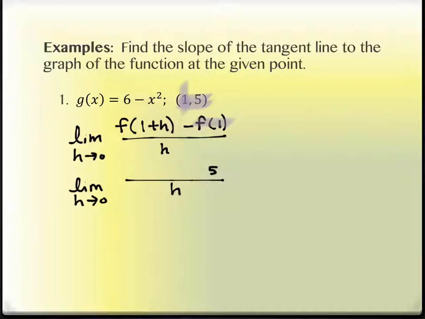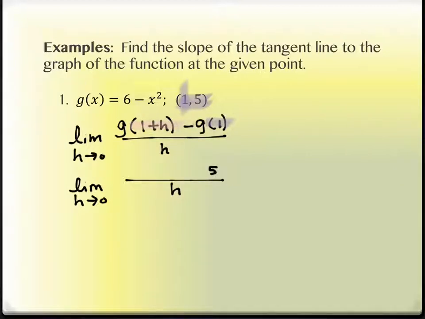Now this piece that's left in the numerator is the piece that requires work. It says to take the function, and I'm kind of being sloppy here because our function's name is g, so I suppose we should probably call this g in these cases. I'm not going to be too worried about it if you don't, but our function is g.